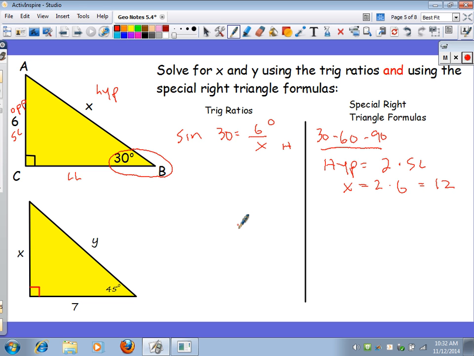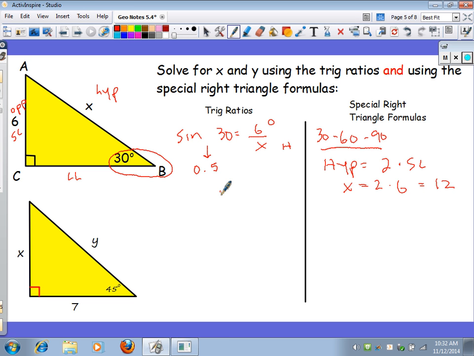Okay, multiply by x on both sides? I would. I'd get rid of the x, right? It's on the bottom. I don't want the bottom. But could you find what this is in your calculator first? How much is the sine of 30 in the calculator? 0.5. You put in sine of 30 in a calculator, you're going to get 0.5.